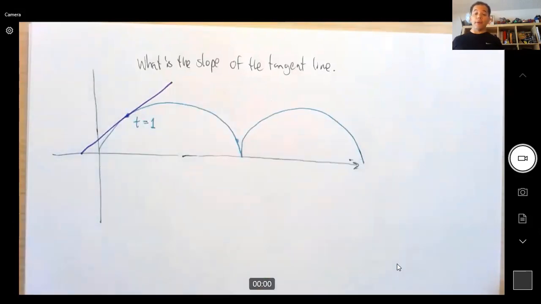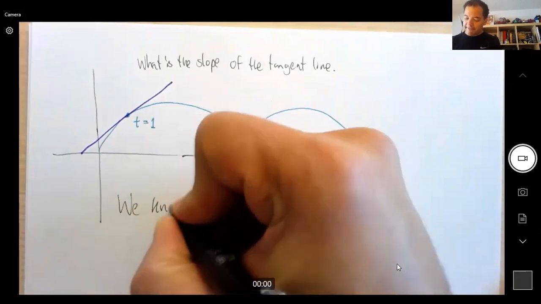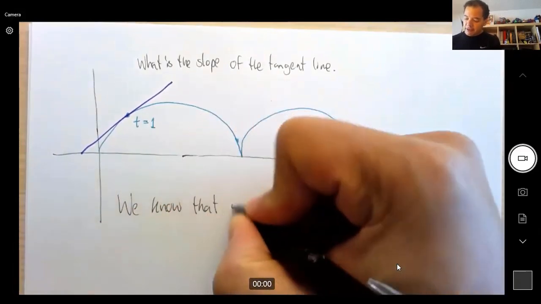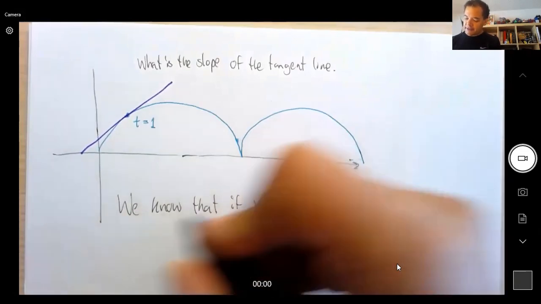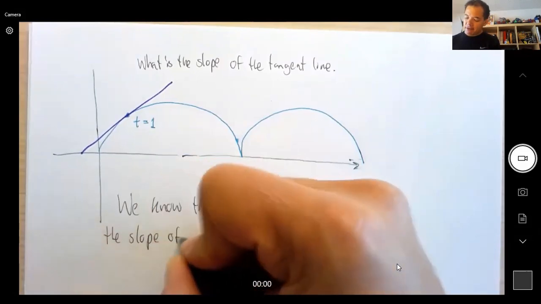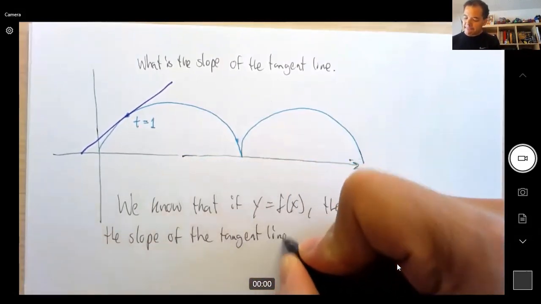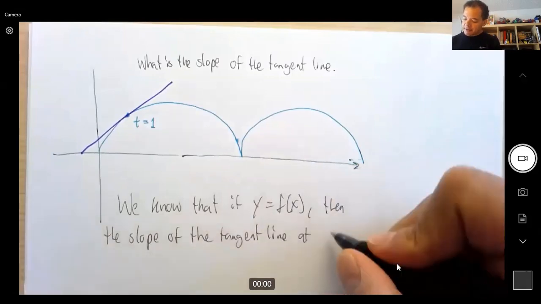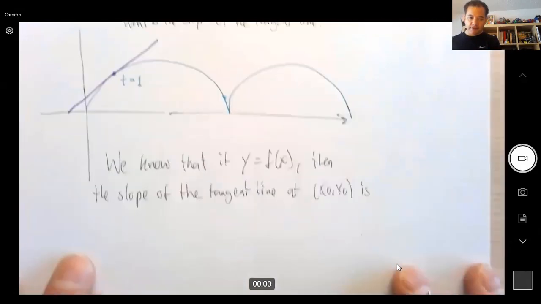And what is the slope in general? We know that if it's a regular function, it is simply the derivative. So we know that if y is a function of x, then the slope of the tangent line at x0, y0 is, what is it?